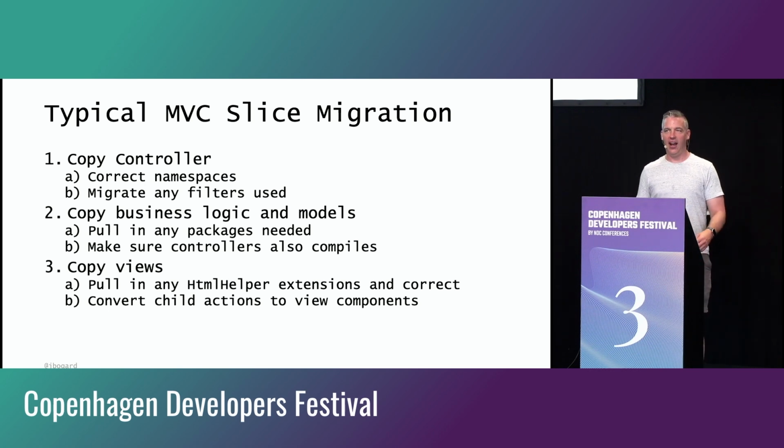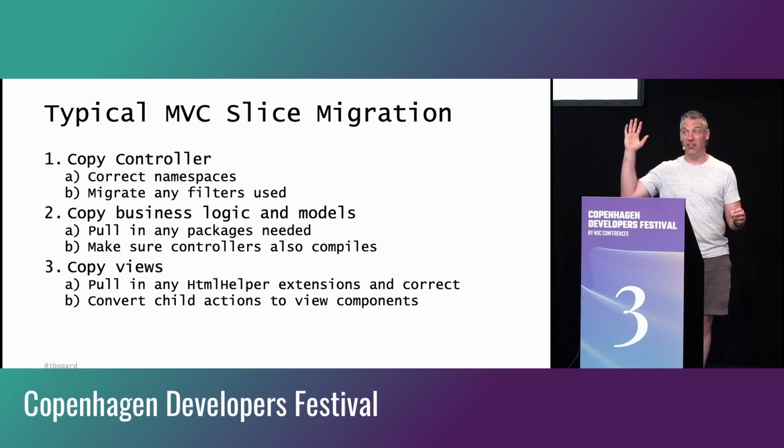Finally, so this is like MVC, model view controller. So we migrate the controller, migrate the M for the model, and finally copy over the views. So this is where things can become a little bit more complicated, as we saw the bundling and minification, right? Missing feature. But you may have a lot of custom code that supports your views. You may have HTML helper extensions. Anyone have any of those in their application?